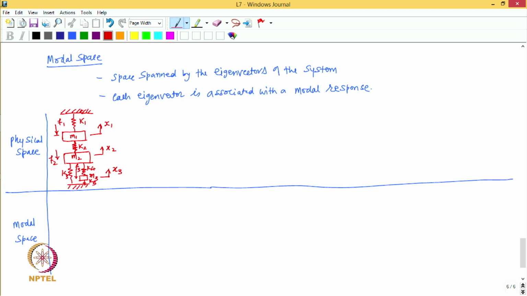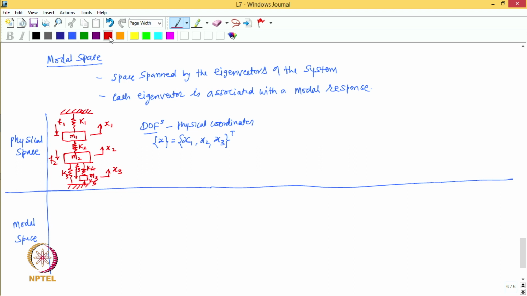Therefore, this system is in physical space, or the space spanned by the displacements x1, x2, x3, right. So, the DOFs are the physical coordinates, which are x1, x2 and x3, right. Maybe I can represent it by vector x, transpose of this. So, these are the physical coordinates.